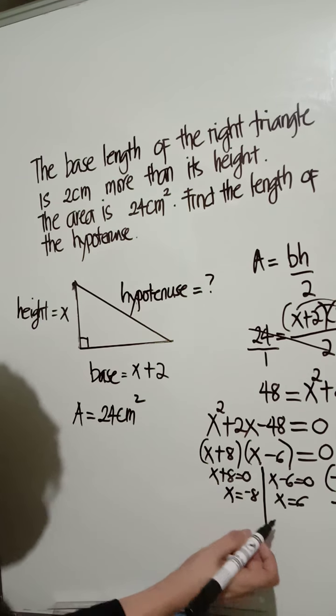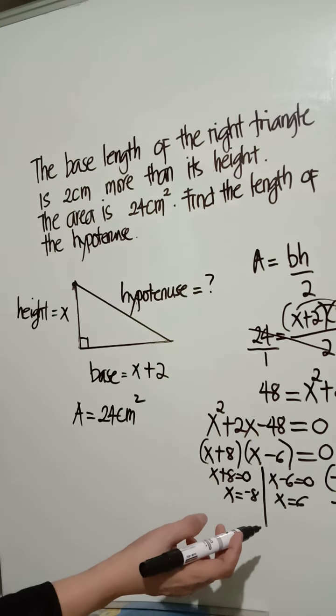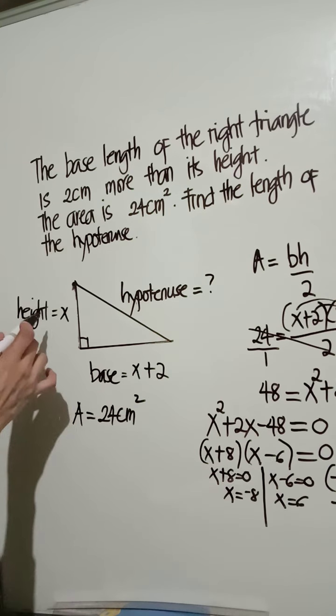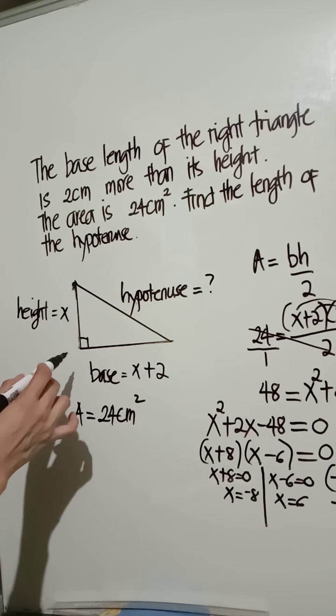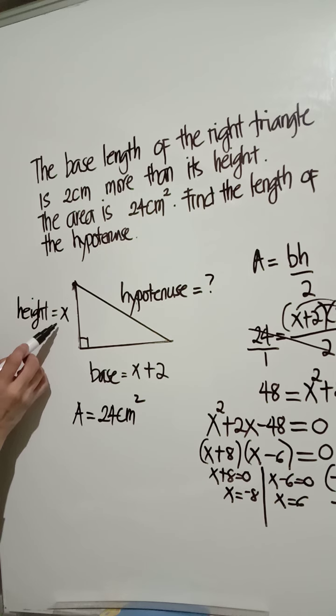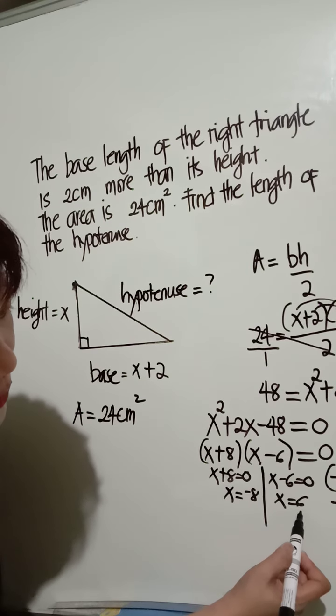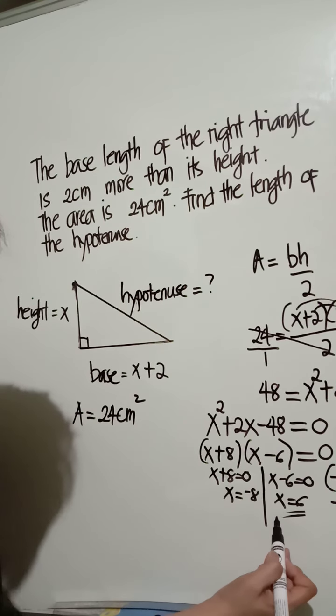Now, there are two values of x that we got. But which value are we going to use in place of x in the given triangle? If x is negative 8, shall we say that the height is a negative number? Of course not. So, let us use x is equal to 6.